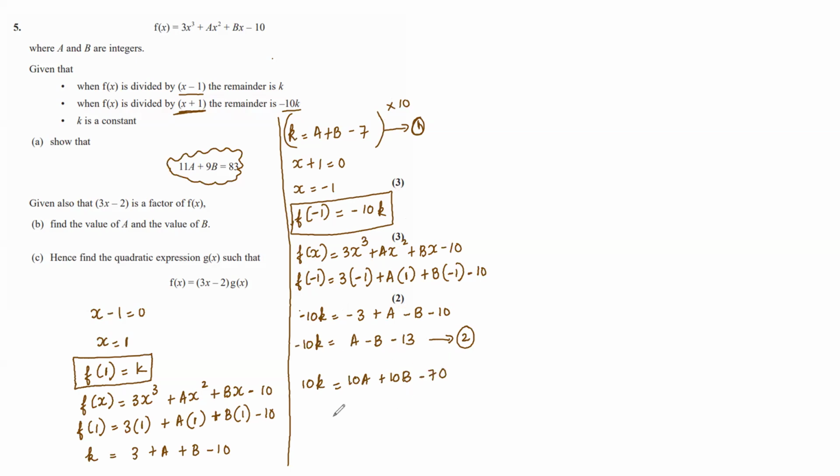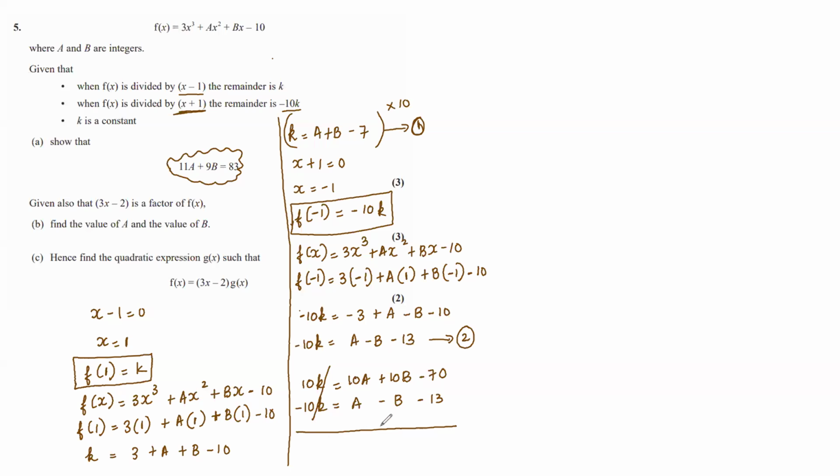And the second equation here is minus 10k is equal to a minus b minus 13. So let's just solve this simultaneously. We have opposite signs, 10k and minus 10k. If we have opposite signs, we can just add both the equations.